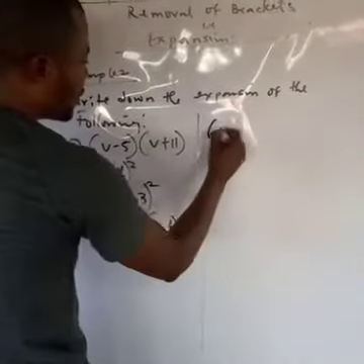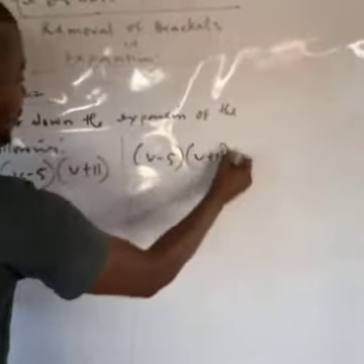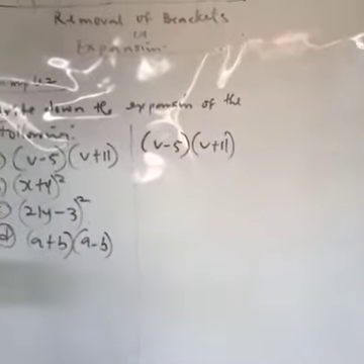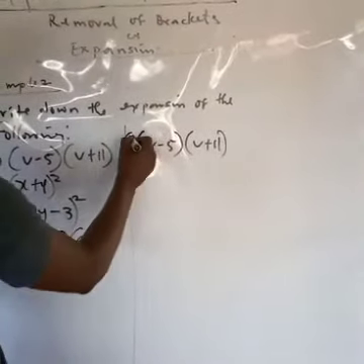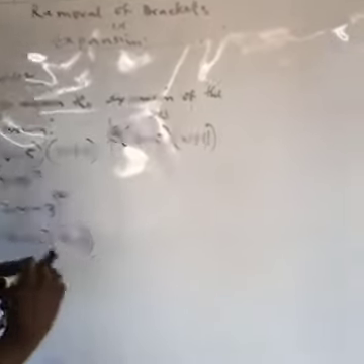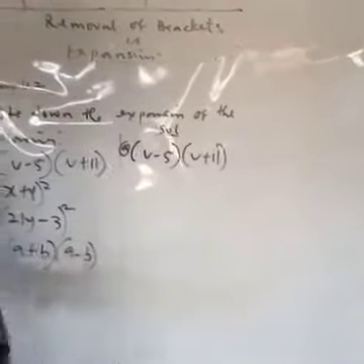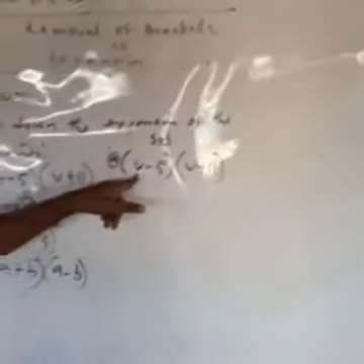We have v minus 5, there we have v plus 11. That is question number A. Solution to question A. Now, what we are going to do here is, just like what we did in the previous examples, we are going to distribute each of these terms.